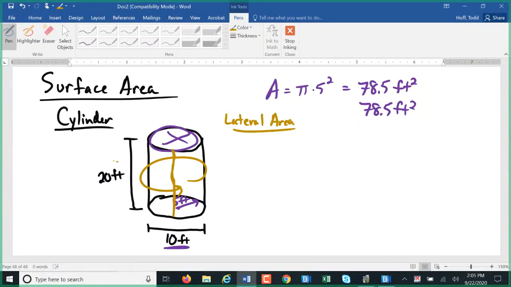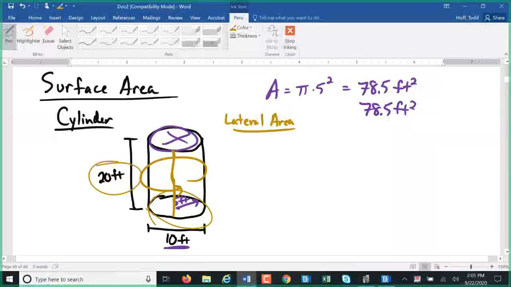The length of this is the distance around the base of that cylinder, the distance around that circle at the base. So that rectangle is 20 feet tall. This dimension is just going to be pi times diameter. Diameter of that circle is 10 feet. This is 31.4 feet of length.